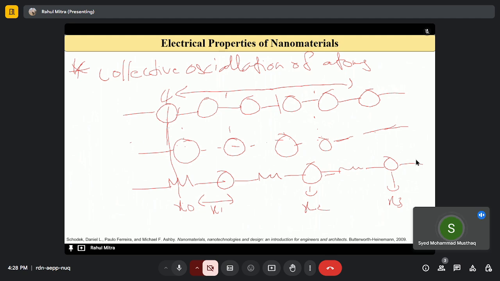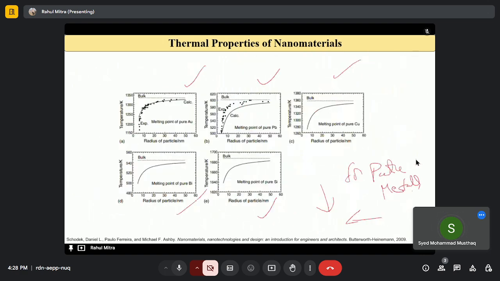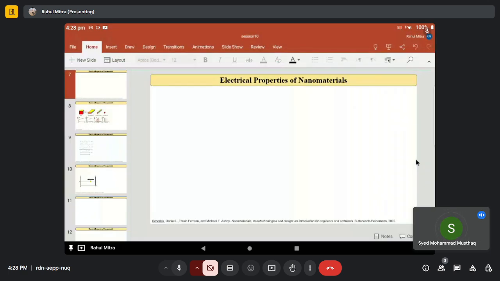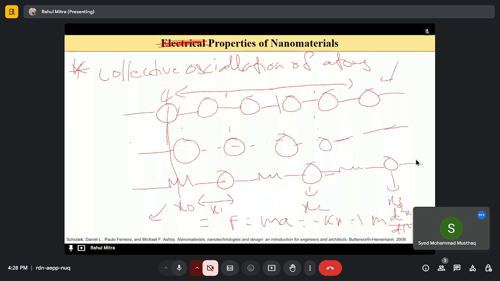Now we can write the force balance equation, F equals ma, F equals minus kx, and ma is m times d square x by dt square. Sorry, it's still the thermal properties, not electrical properties. Still, I'm talking about thermal properties, right? So this is how the phonon motion results in the transportation, or helps in the conductivity part. Right?